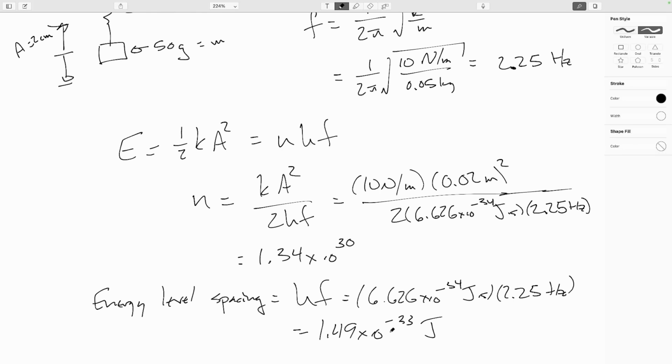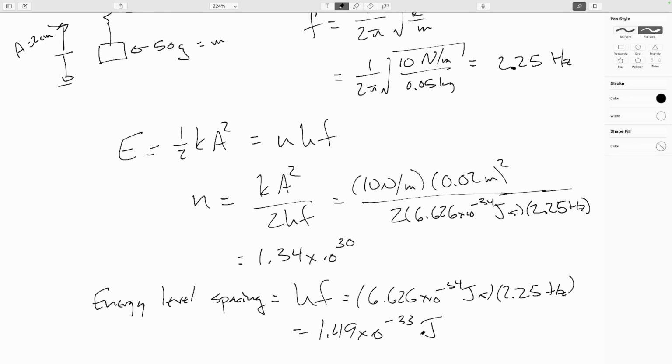This is really small compared to 1/2 ka squared here, which is, let's see, 0.04 times 0.004. This is on the order of a few hundredths of a joule. And this turns out to be 10 to the negative 33 joules.